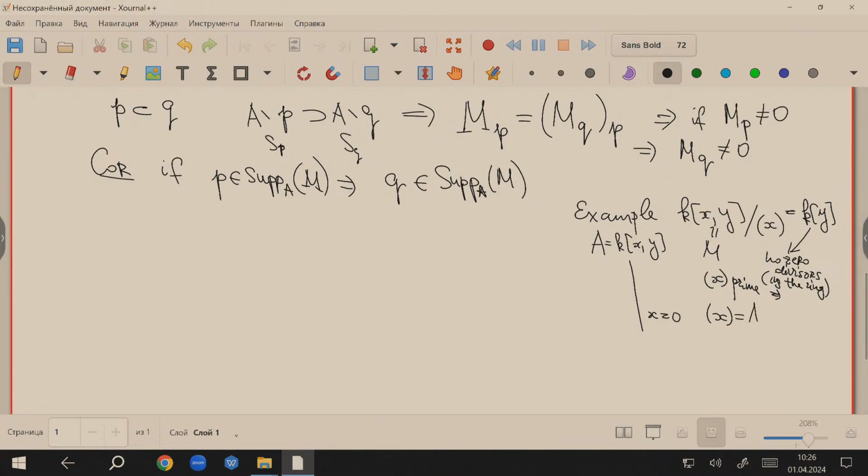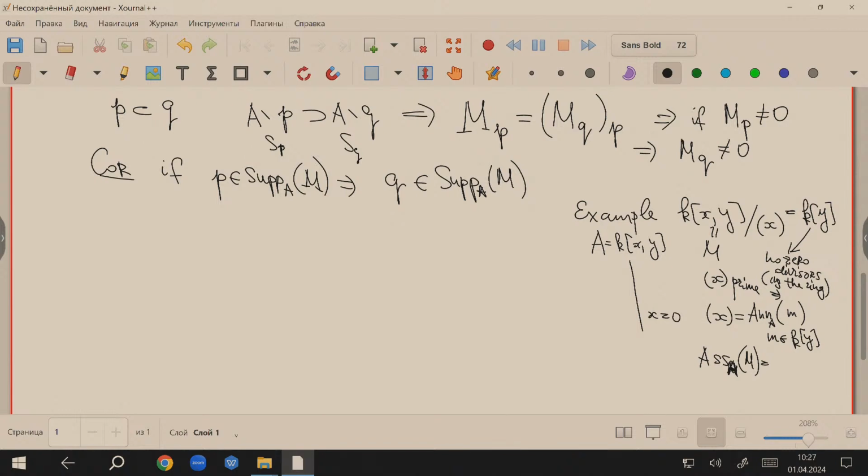So it is the annihilator of any m that belongs to k[y]. So the set of associated primes of M consists precisely of x.